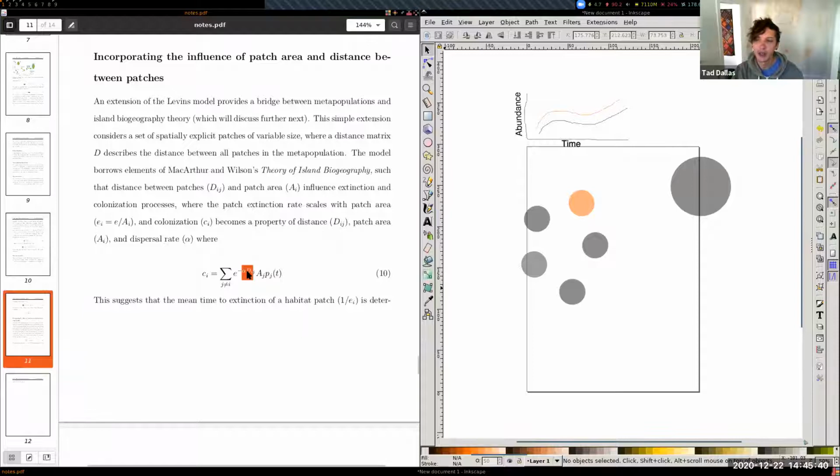Oh, it's the dispersal rate. Yeah, so it's the modifier to the distance between patch i and patch j, and that controls the shape of the negative exponential curve. Then that's multiplied by the area of patch j times p_j, which I think is the probability of dispersal, maybe.